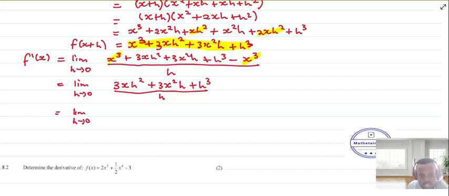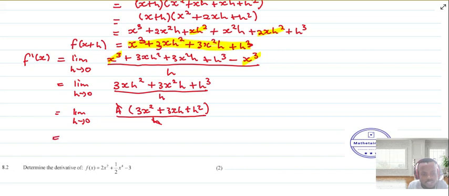So we can take out the common factor here, which is h. So we are left with 3x squared plus 3xh plus h squared, you divide by h. So h and h cancel.